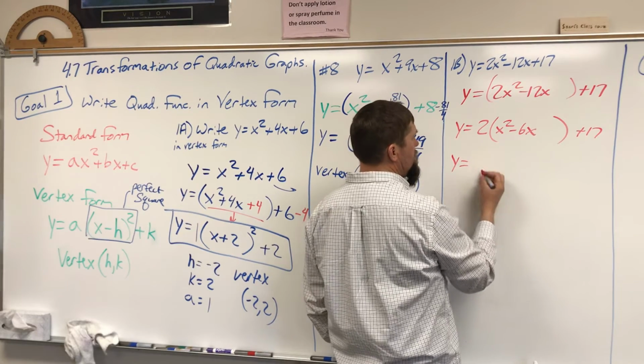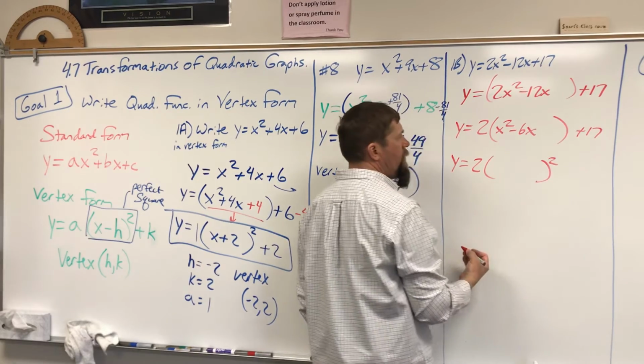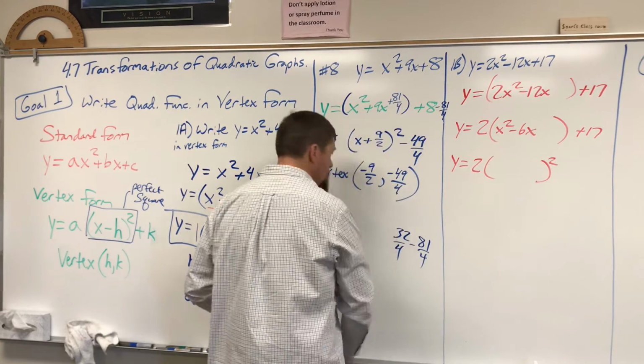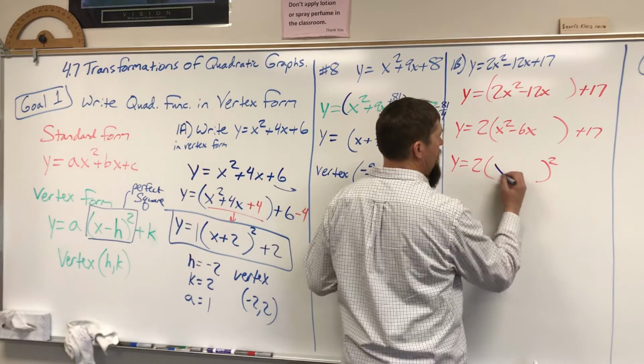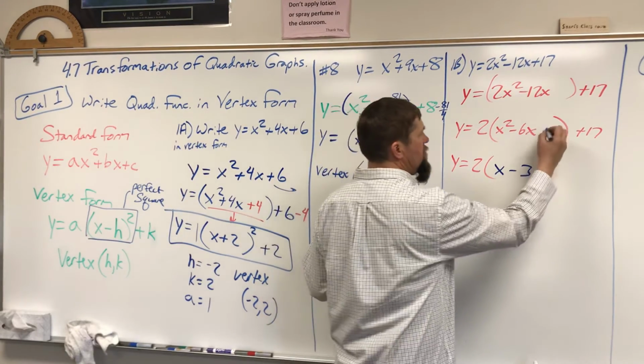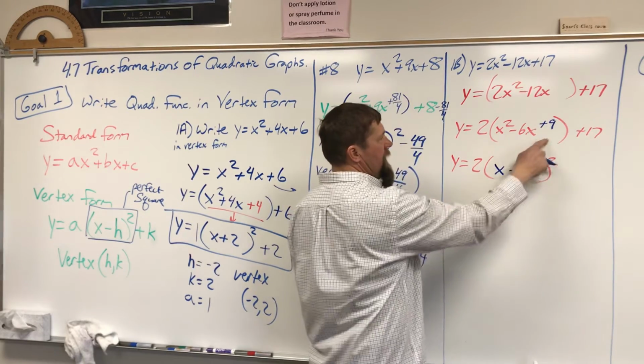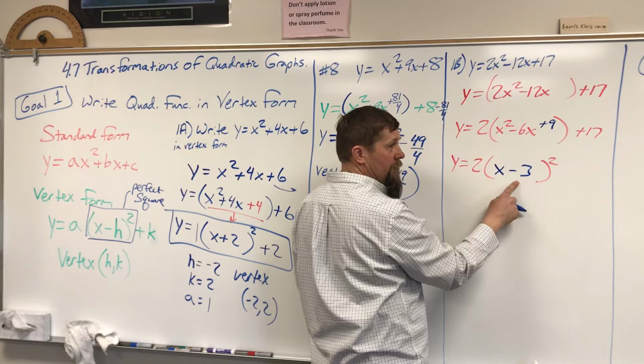Now I am going to complete the square. I know this is going to be x minus 3 inside of here. I need to add 9 to make this the perfect square.